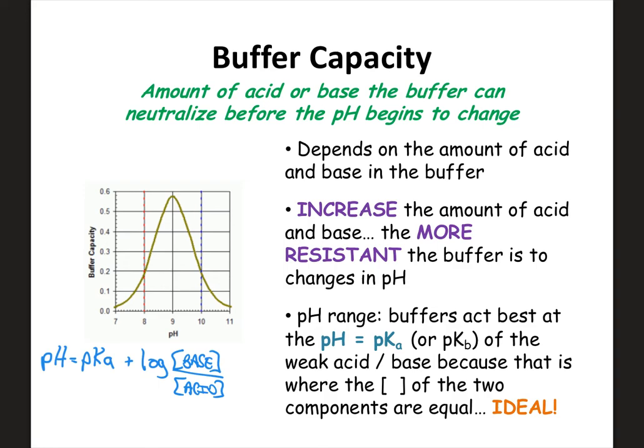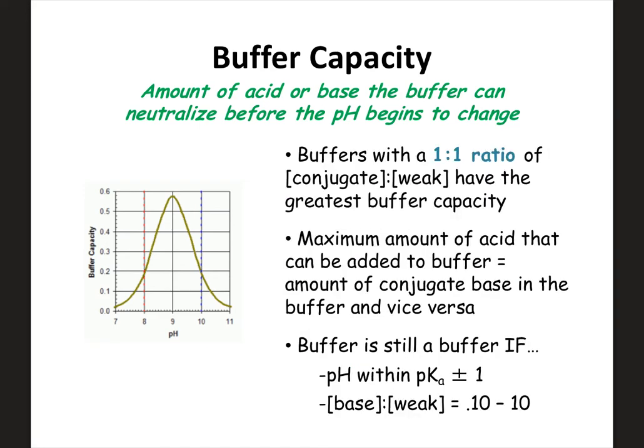All right, so this idea of buffer capacity, the buffer being able to neutralize a certain amount of acid or base, is important here. If you increase those concentrations, obviously the buffer can be more resistant to these changes in pH. Anytime you have a buffer here with that 1-to-1 ratio of the conjugate to the weak, that's going to have the greatest buffering capacity. All right, that makes sense. That's an ideal buffer.